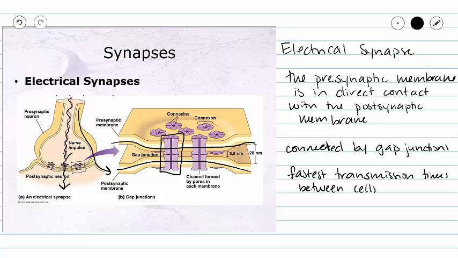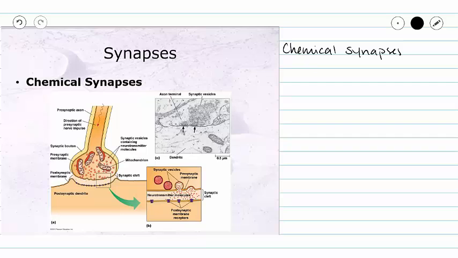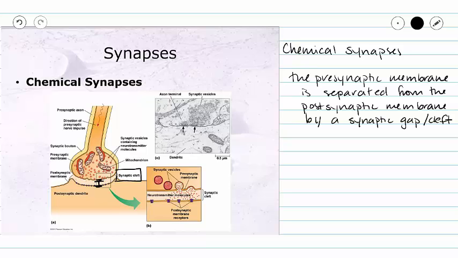Electrical synapses are not very common. We do see them in some areas in our brain, but they are not widespread throughout our body. The majority of synapses in our body are going to be called chemical synapses. In a chemical synapse, there is a gap between the presynaptic and the postsynaptic cell that we call the synaptic cleft or the synaptic gap.